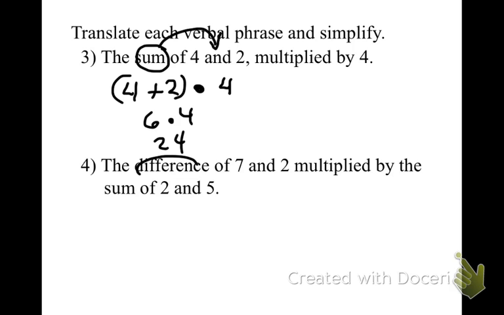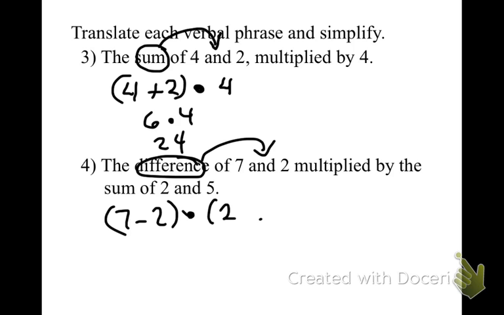Number 4, the difference. Send it to the "and." 7 minus 2 multiplied by the sum of 2 and 5. I have a sum, comes over to the "and."